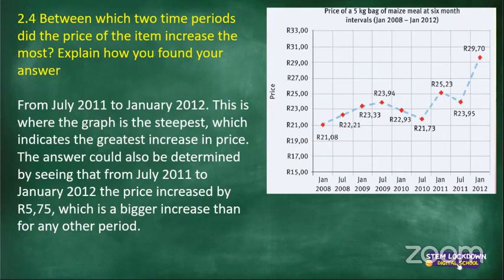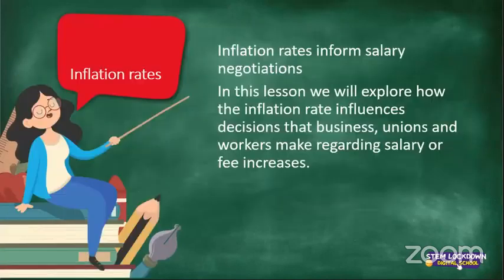So any of those answers, if you can just say you were looking at the graph, it's clear to see that this part here is the steepest out of all of these other parts. Yeah? This one here is also quite steep, but this one is the steepest out of all these other parts. So that's one way of explaining how you found your answer. The other one could be, you'd say you did your calculations where you would compare those two parts.